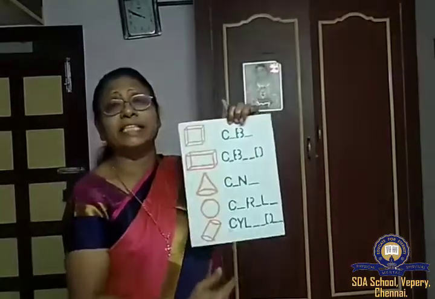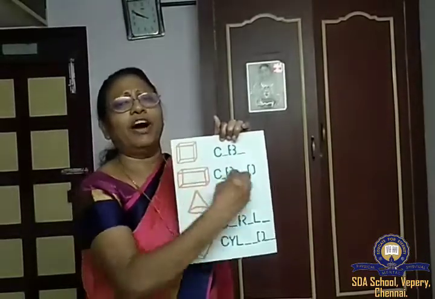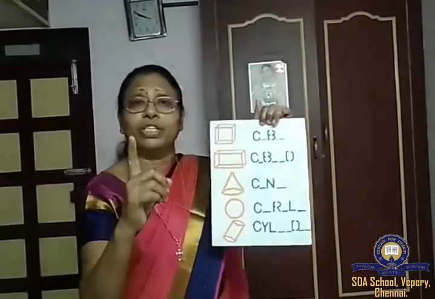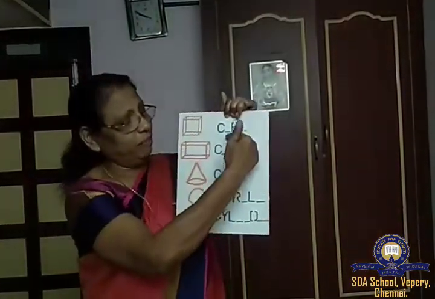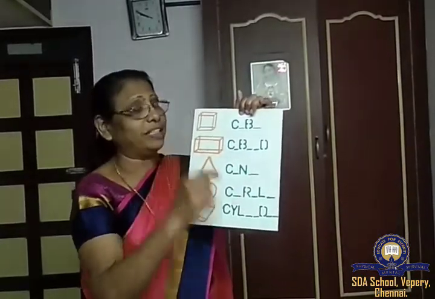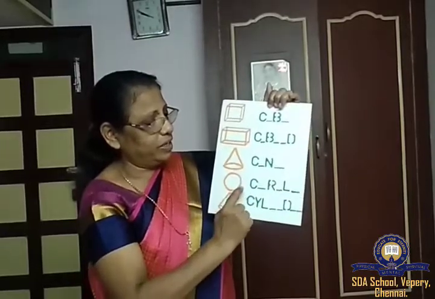You have to fill up the missing letters. These are called missing letters. The spelling will be there, but only half of it, and you have to fill up the rest of the letters. If you have learned the spelling properly, you will definitely fill all this in properly and get good marks in the exam. C-O-N-E, cone.